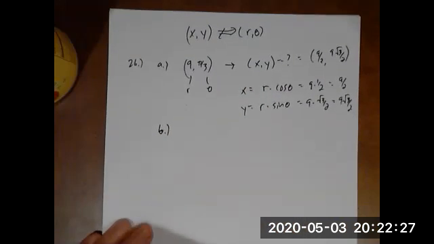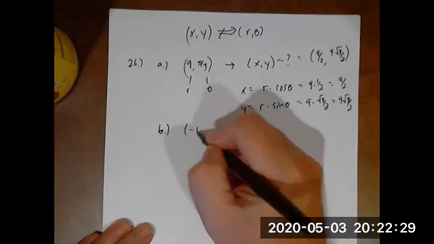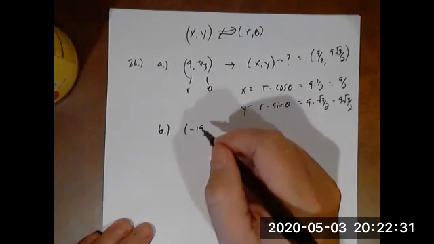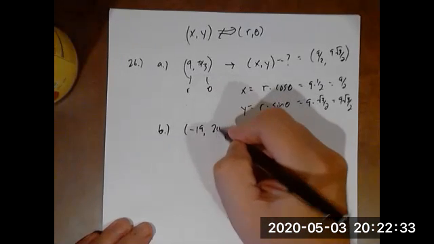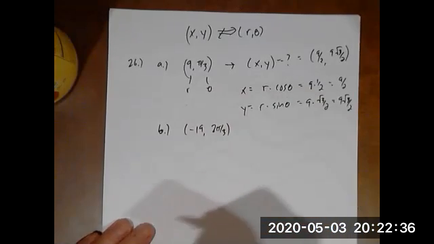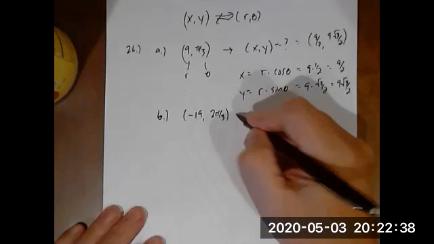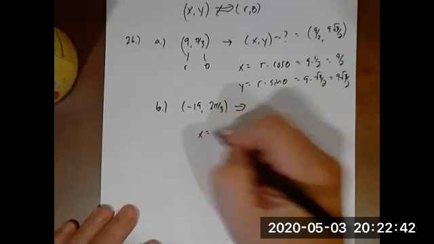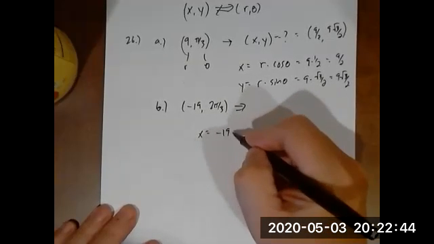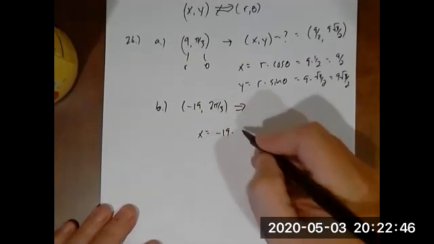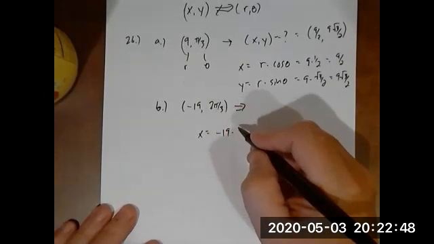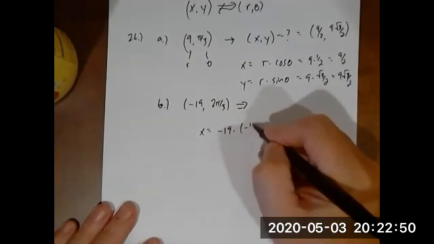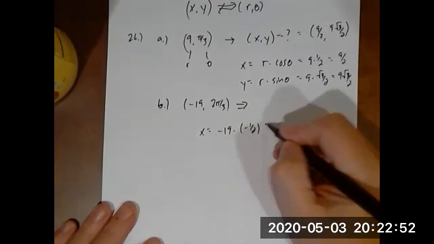Now for B, they start with (negative 19, 2 pi over 3). So for x and y, once again, x is negative 19 times the cosine of 2 pi over 3, which is negative 1/2.